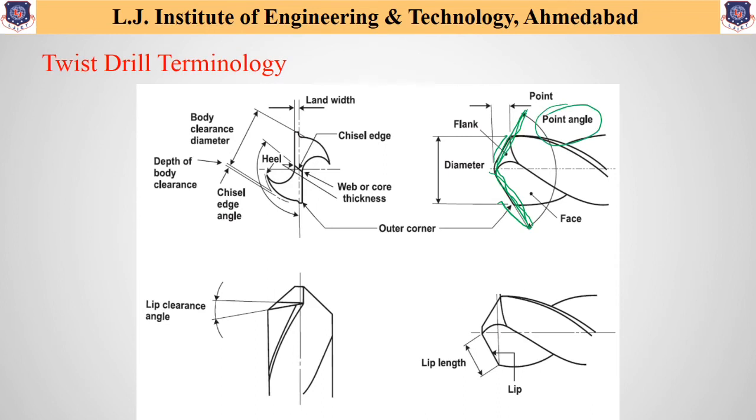And in most general cases, this point angle is kept at 118 degrees. So in most cases, the point angle set to the drill bit is 118 degrees.